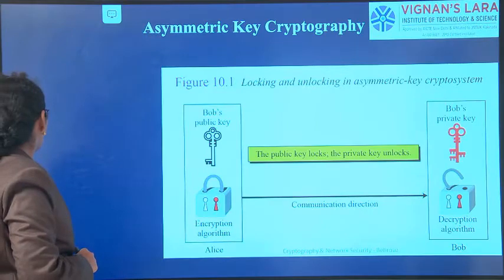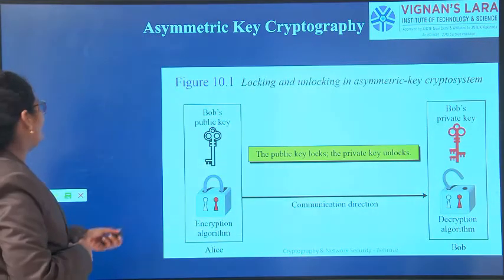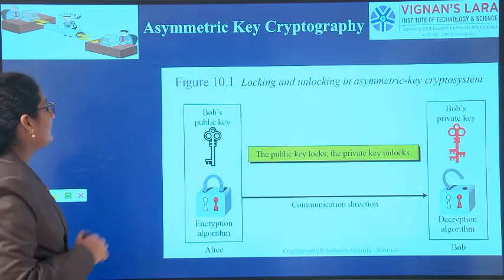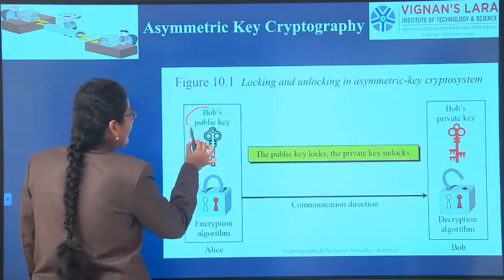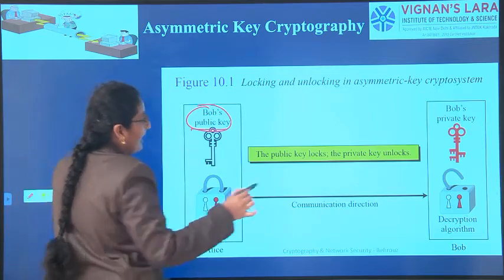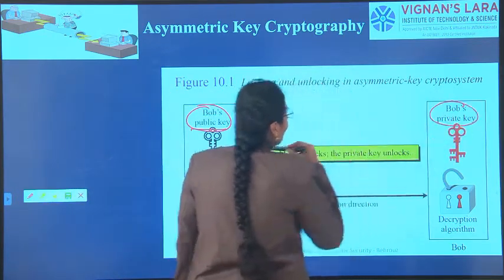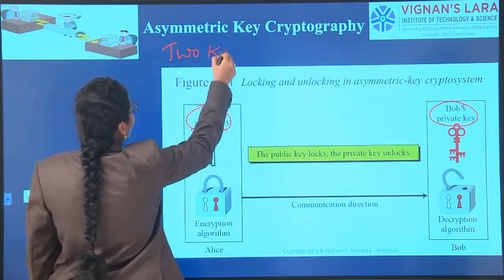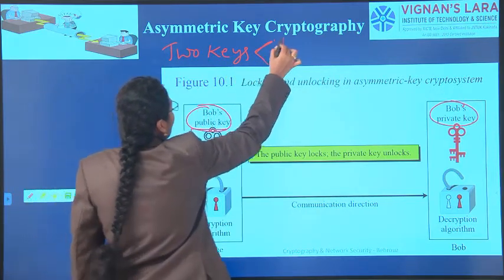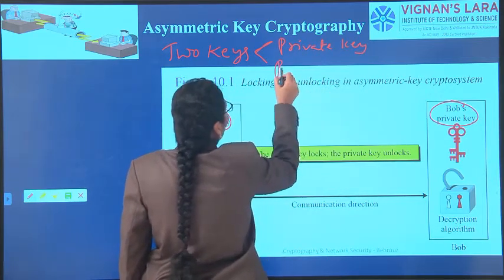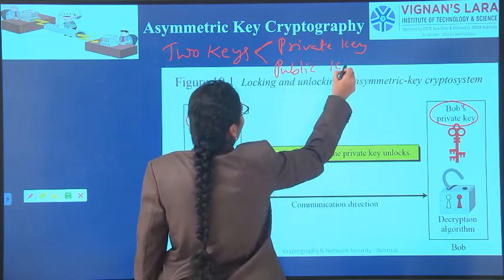So let us see what actually happens in asymmetric key cryptography. See, Bob is a person. Bob will have a public key and also a private key. As I already told you, we have two keys, private key and public key.